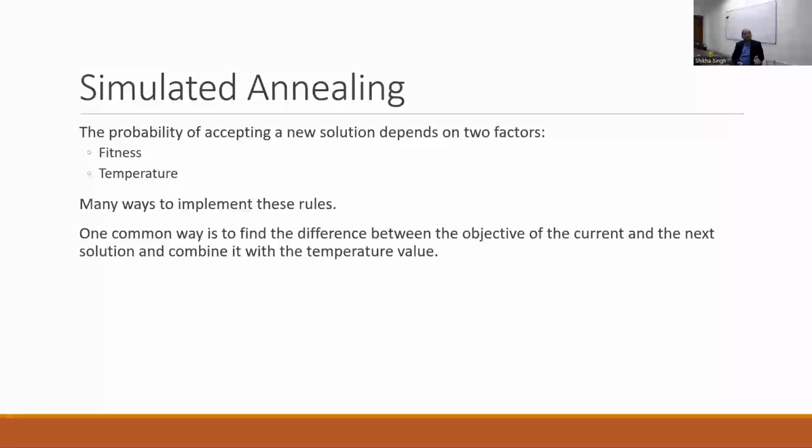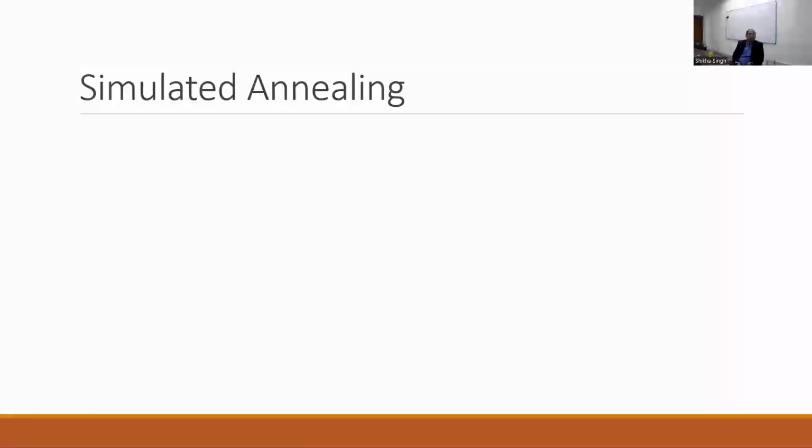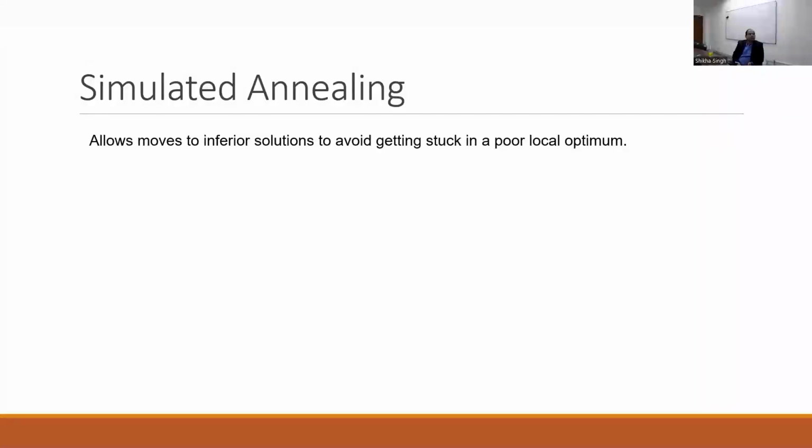So one common way is to find the difference between the objective of the current solution and the next solution and combine it with the temperature value. The thing with simulated annealing is that it can allow movements to inferior solutions to avoid getting stuck in a poor local position. Right? So exploration sometimes is valuable.